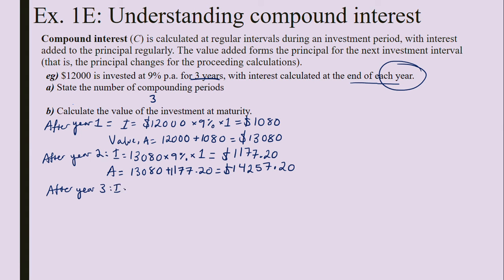And finally, after the 3rd year, I equals, again, we're taking that $14,257 that we just got in our last calculation, multiplying it again by 9% for 1 year as our time, so PRT, and that gives us a value of $1,283.15 to give a final value A of, and this is the amount that we're after, $14,257.20 plus the new amount of $1,283.15 interest.